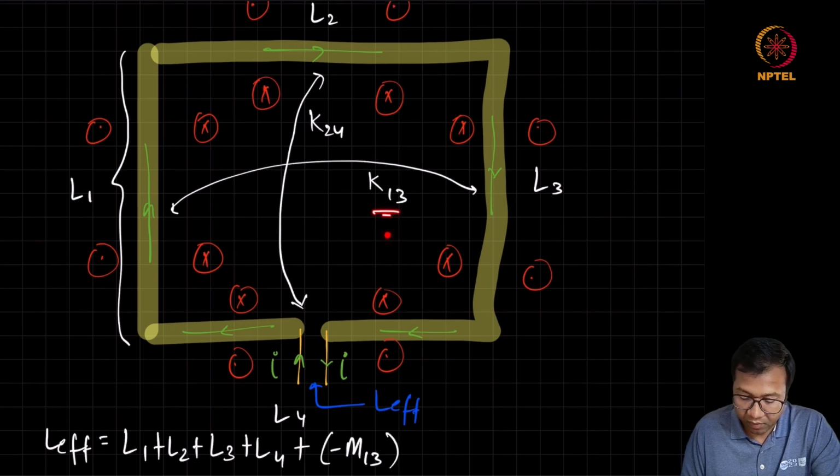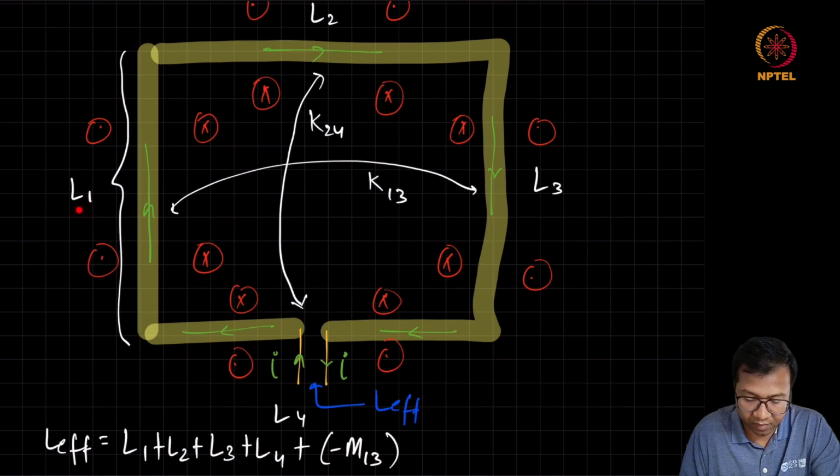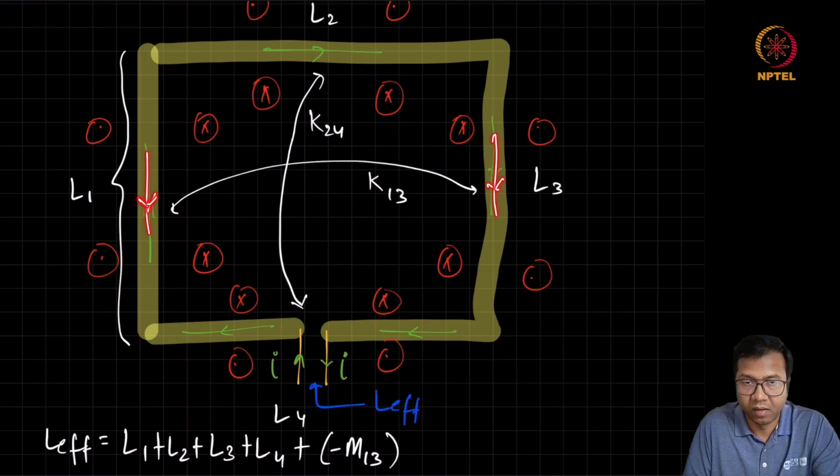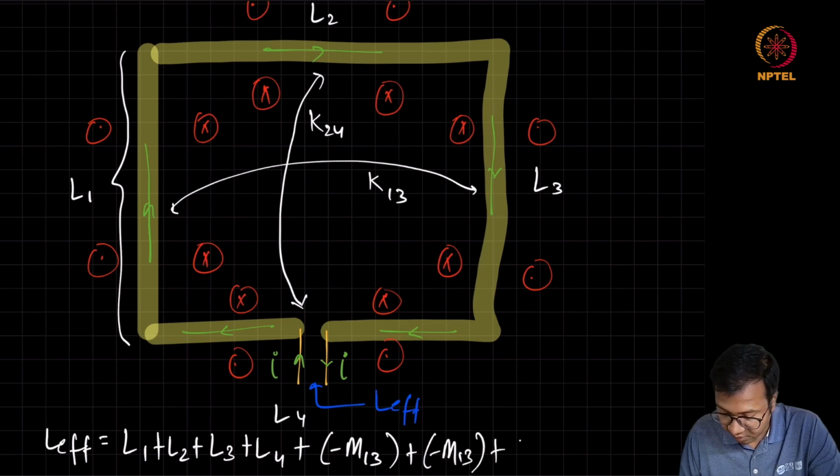So this K13 will give rise to a mutual inductance M13, and this M13 is going to effectively reduce the inductance of this L1 and L3 combination. And similarly, when there is a current flowing in L3, there will again be a mutual inductance M13 coming into the picture, which is going to again reduce the effective inductance. So we will be seeing this term 2 times, and similarly we will be seeing this minus M24 2 times.